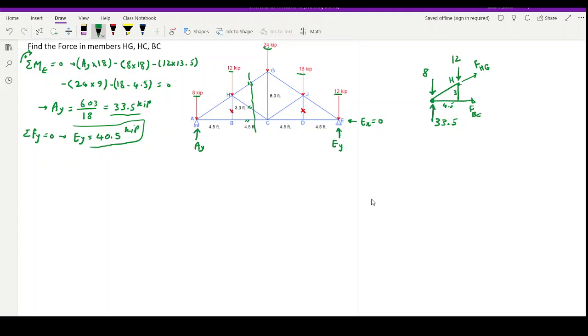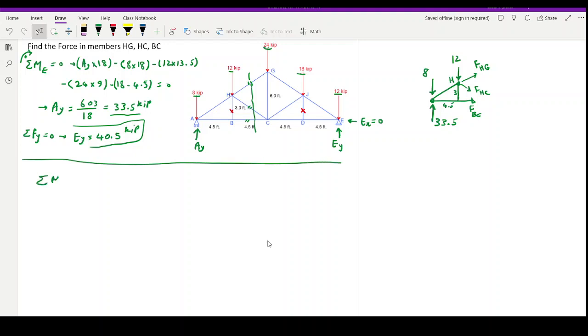And this is another force I'm looking for, FHC. By taking moment about point H, I can find FBC because FHC and FHG do not have moment about this point. So let's do it.